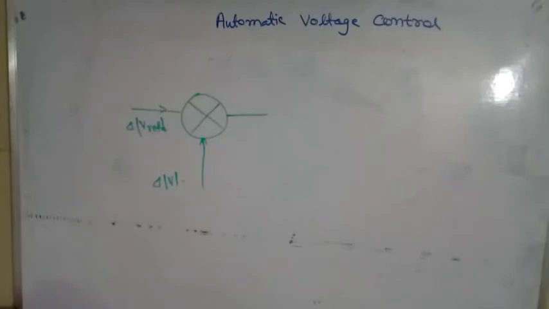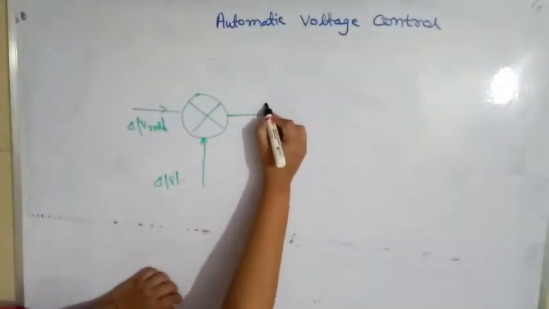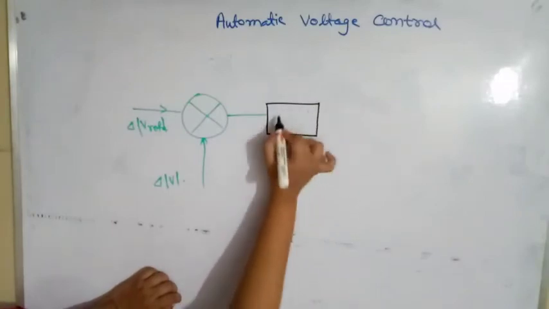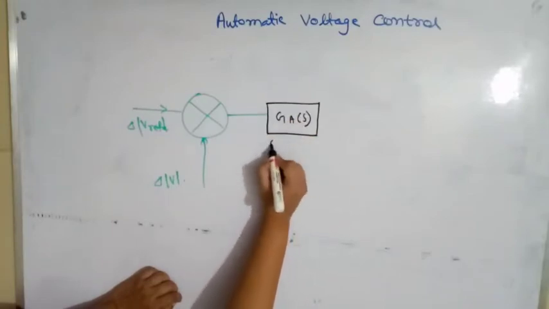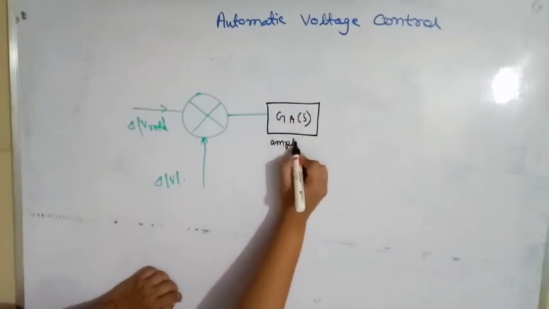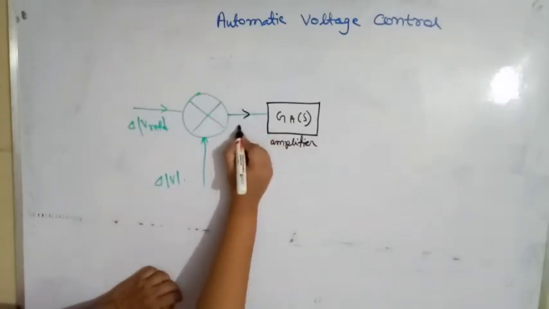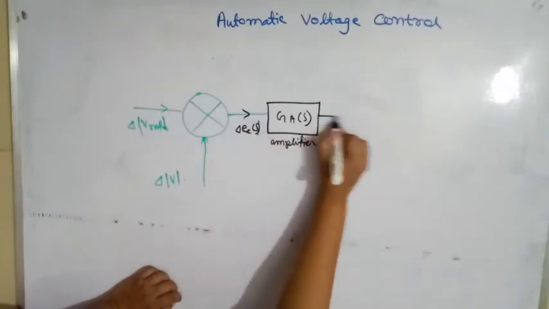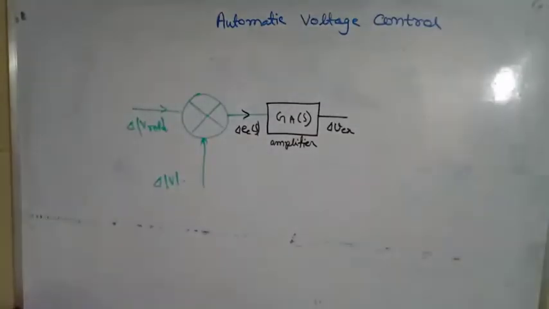First we model the amplifier. The transfer function is GA. The input is delta ECS, and the output is delta VEX.